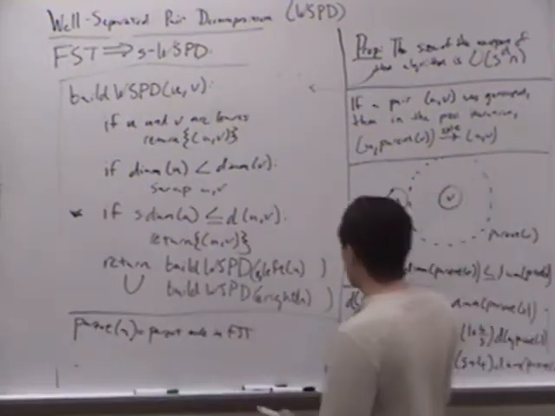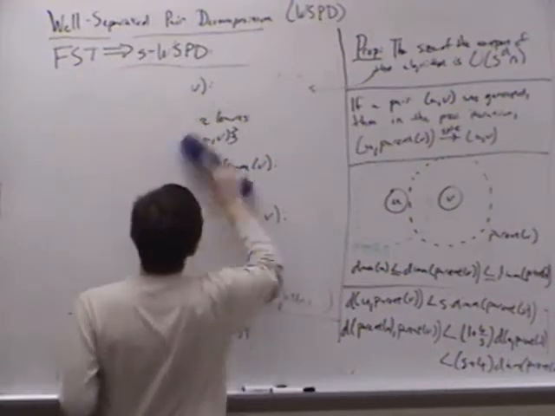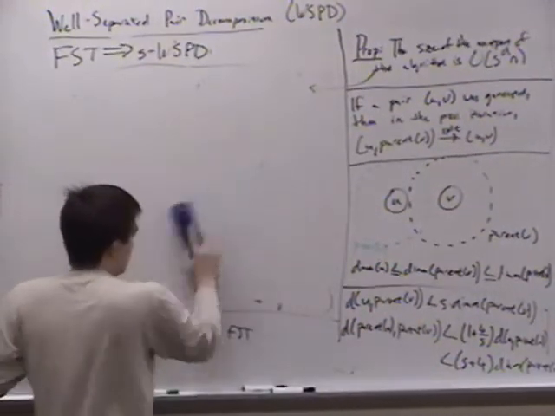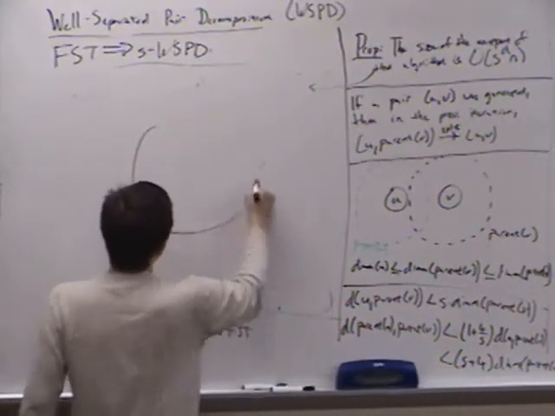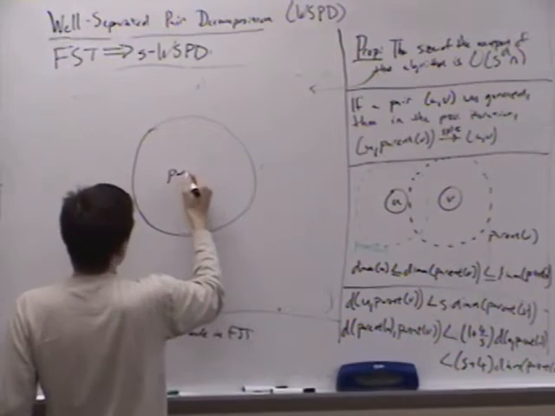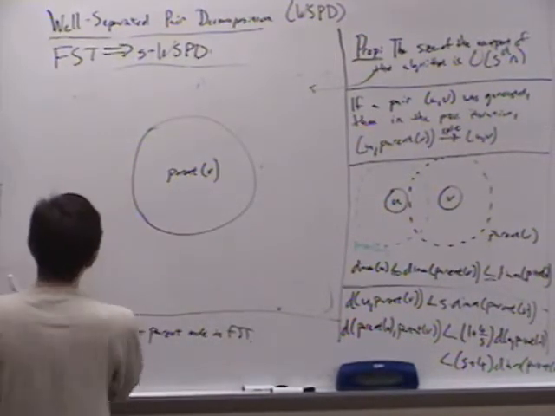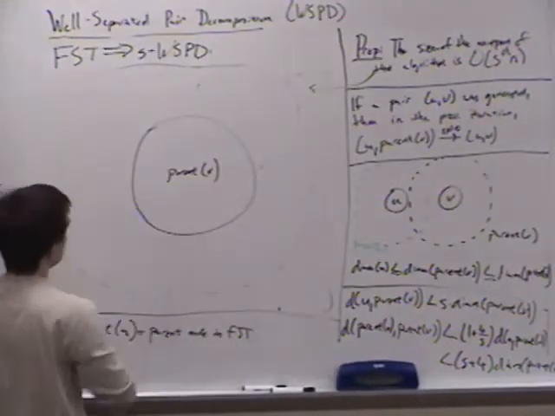So here's kind of a picture of what's going on. I'm going to erase this algorithm. I think we got the idea for what's going on there. So here is a picture. This is parent of V. Farther out, we have this big ball, not drawn to scale.